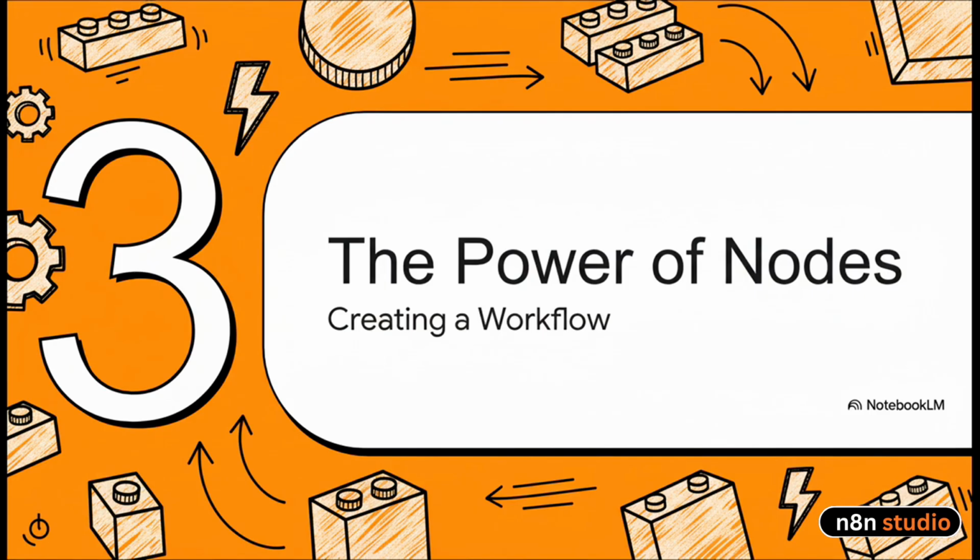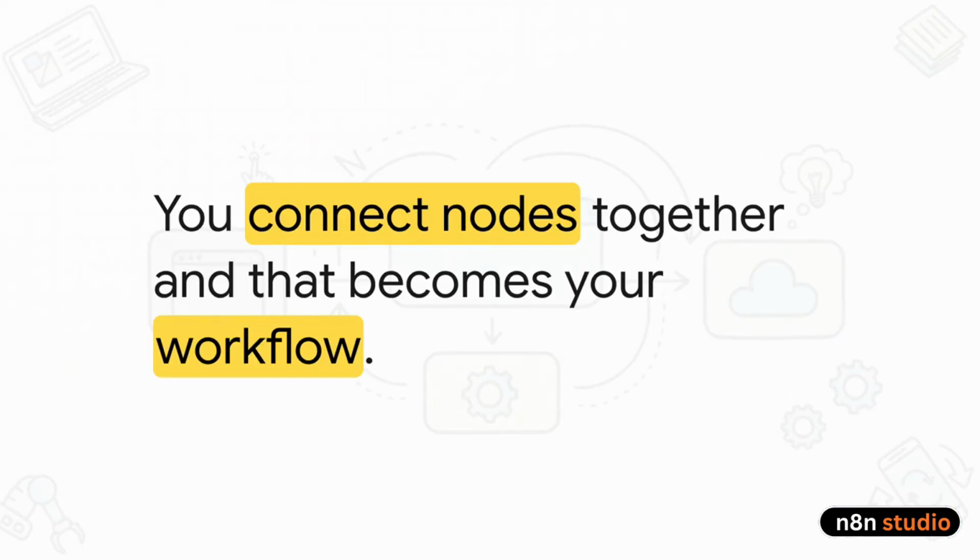So, you've got these individual Lego blocks, right? These nodes, each one doing its one little thing. But the real power, the real magic, well, that happens when you start clicking them together. See, when you connect a bunch of these nodes together, one after another, you're creating what's called a workflow. A workflow is basically just the recipe you're giving your automatic assistant. It's the blueprint, telling it exactly what to do and in what order to do it.